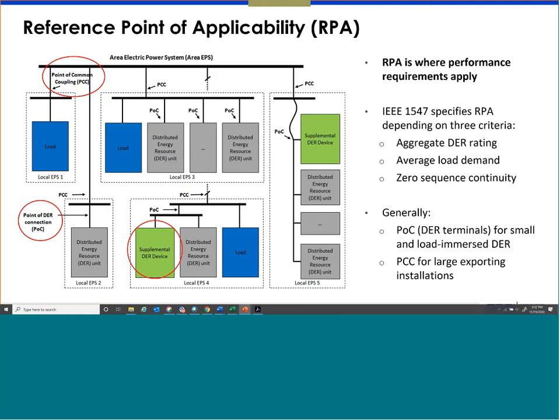You can think about all the residential rooftop systems, all the small commercial rooftop systems below 500 kW. For those, all these requirements will be applied at the terminal of the DER. Mostly, you can think about the inverter, but the DER is a combination of whatever goes behind it: inverter, plant controller, modules, everything. So that's where the rules are applied.